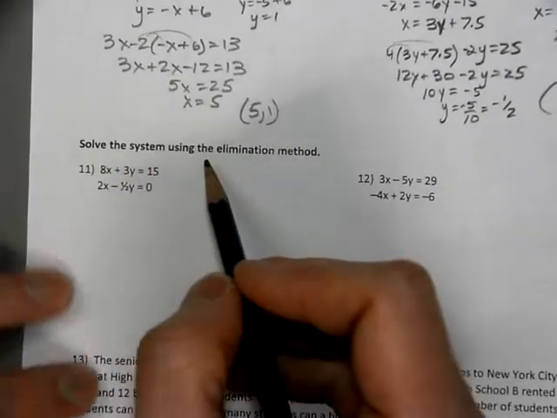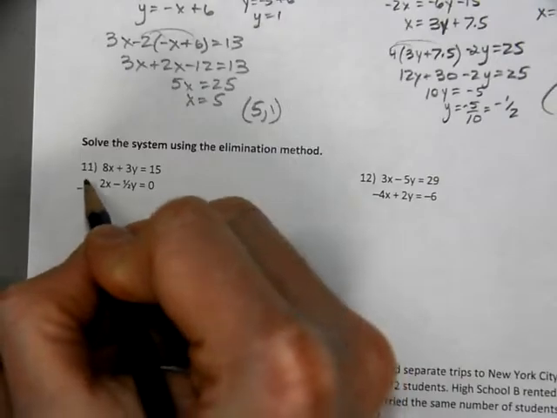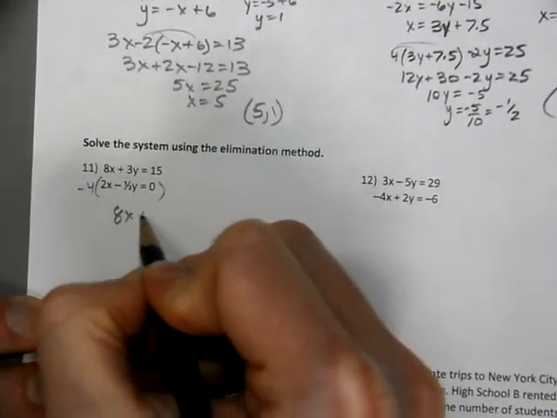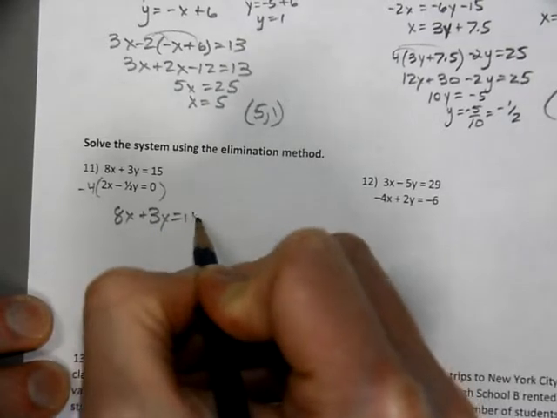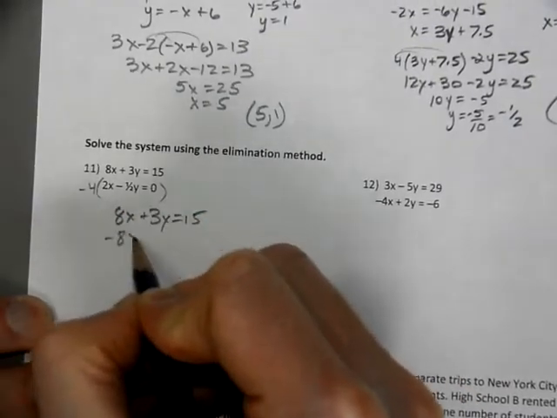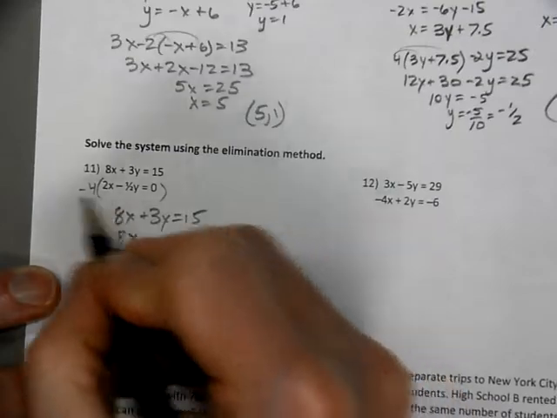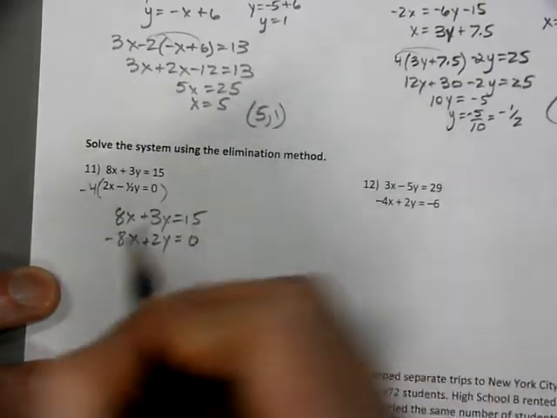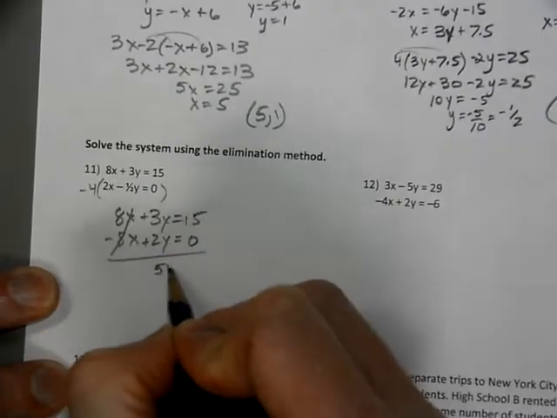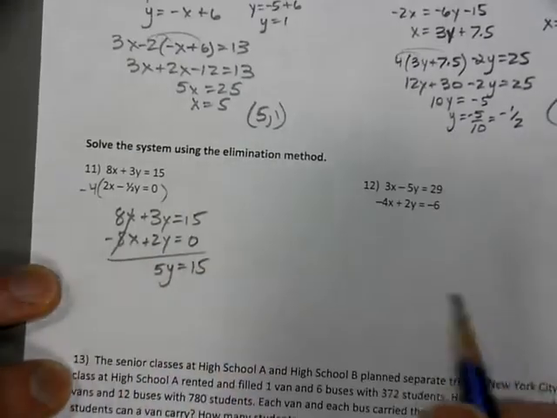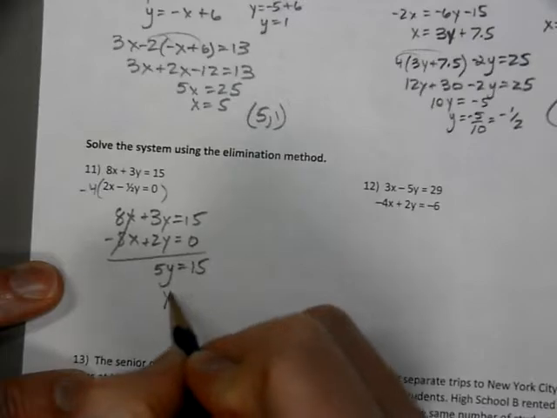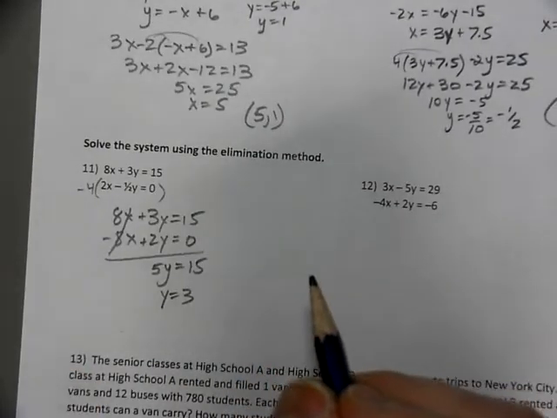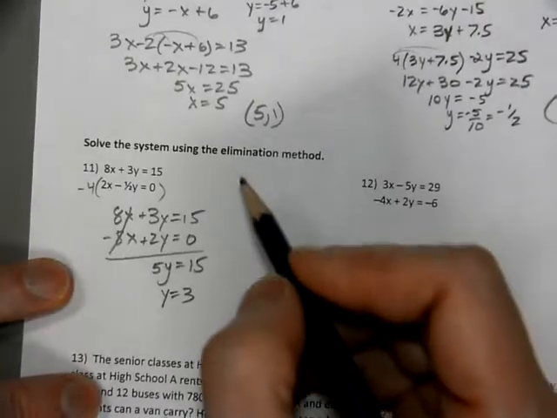Here we're going to try to use elimination. So I'm going to multiply through by negative 4. We have 8x plus 3y equals 15, and negative 8x plus 2y equals 0. Add straight down the columns. Y is going to be 3. So I'm going to plug 3 back into either original equation.